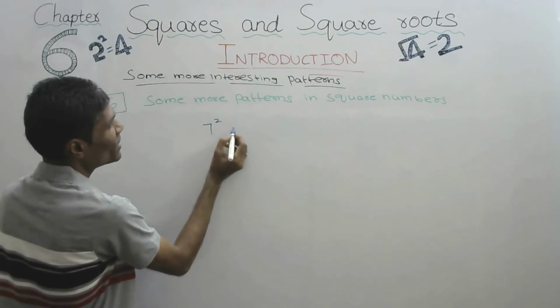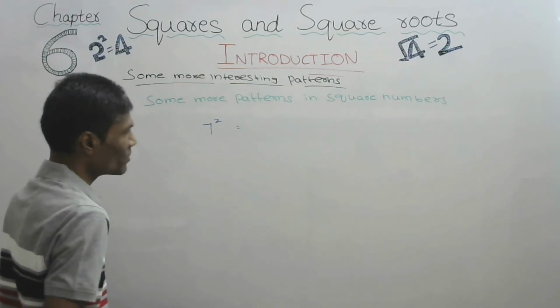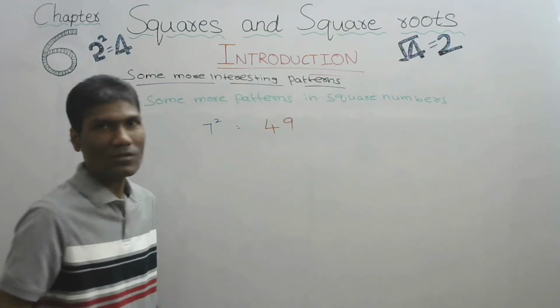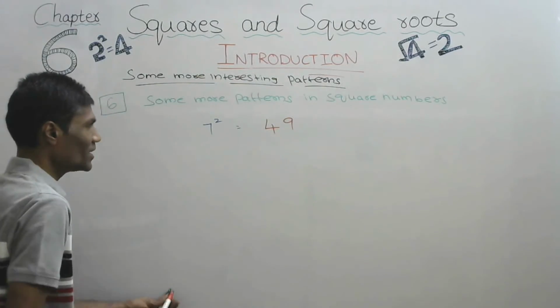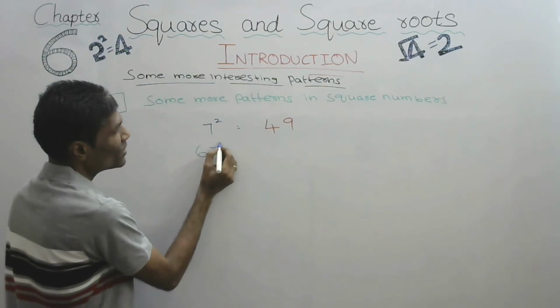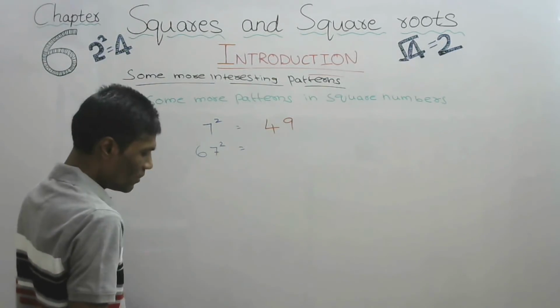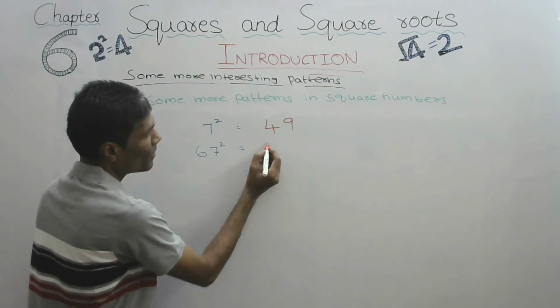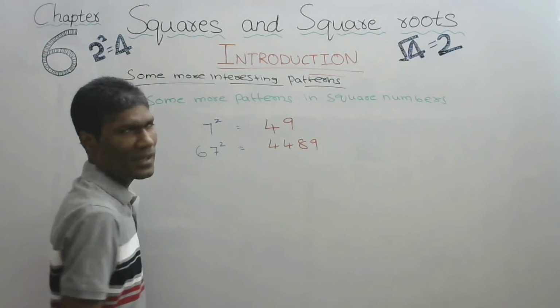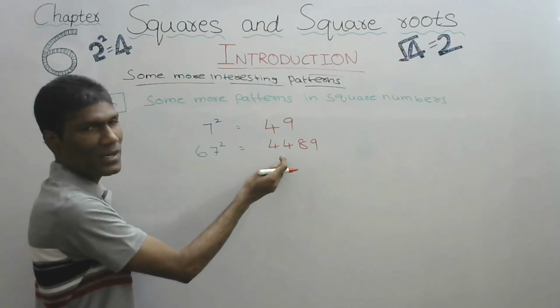Say 7 square. What is the value of 7 square? 49. This we know. Now, let us see another number. 67 square. The value will be 4489. What's great about it?